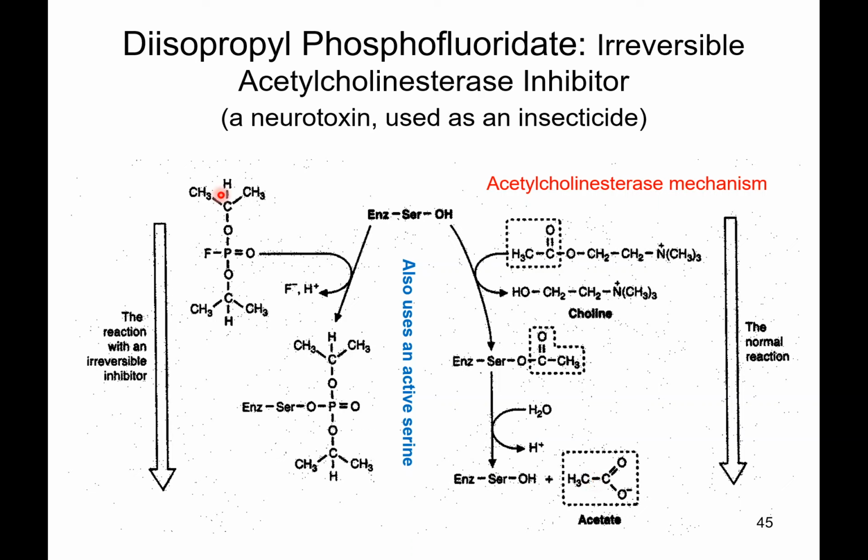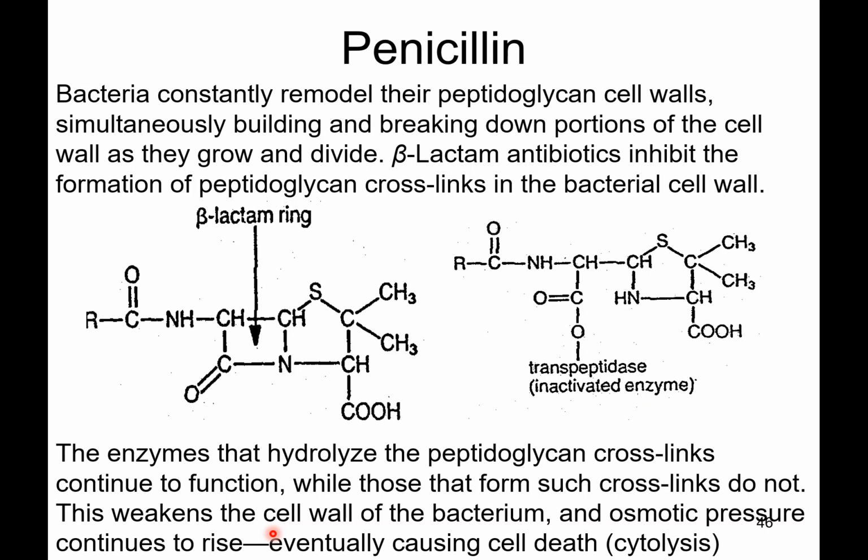So if you have this inhibitor that binds there irreversibly, you inhibit the enzyme forever. Okay, and acetylcholine is a neurotransmitter. So this inhibitor is actually a neurotoxin. It's used as an insecticide because it inhibits this enzyme that's needed in acetylcholine metabolism.